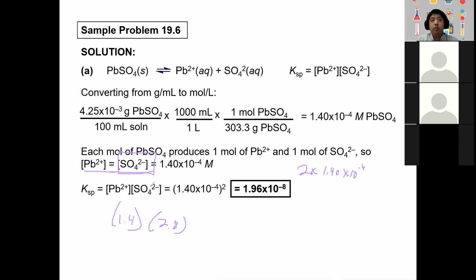And you still need to include the exponent, right? If this is 2, that would mean that this is now 2, so I need to put a 2 here. So we are multiplying by 2 and also squaring it, both for the Ksp expression and for the concentration itself. Oh, okay. Got it. Thank you.